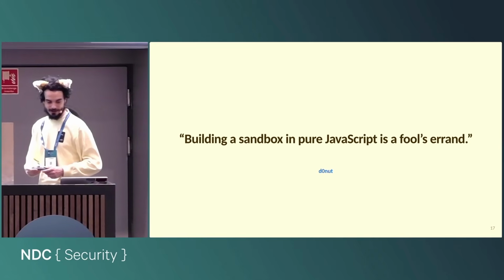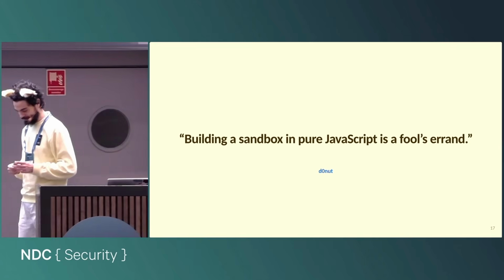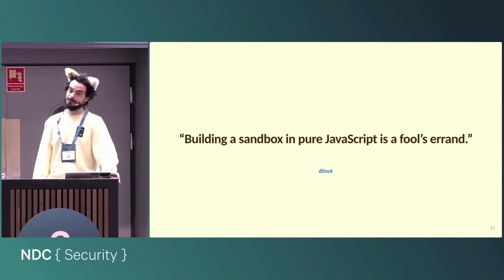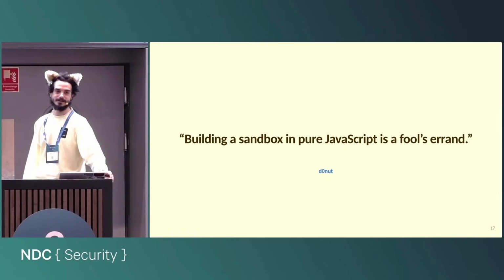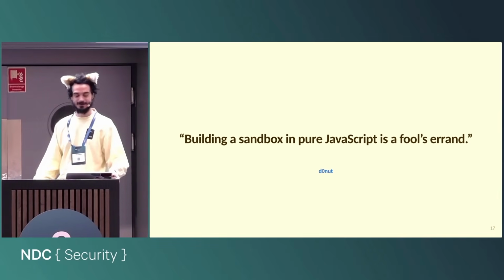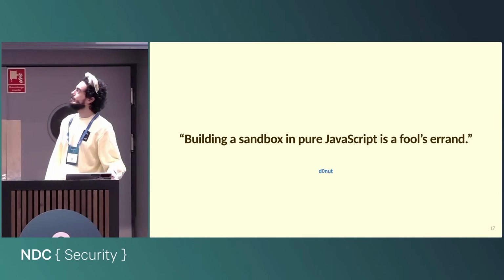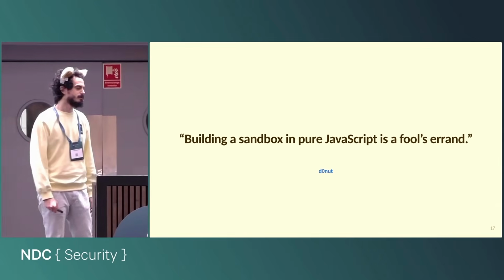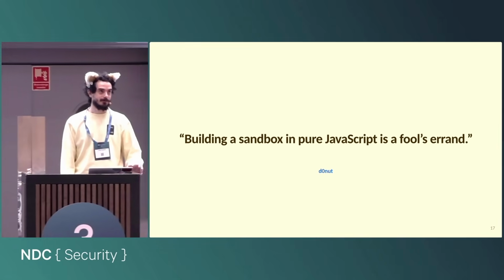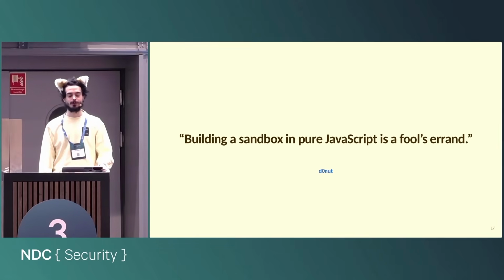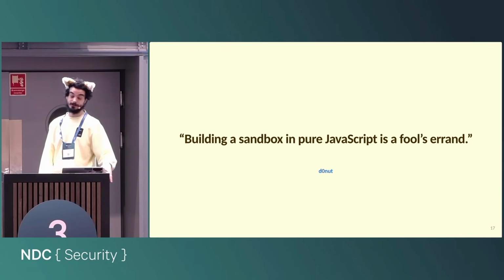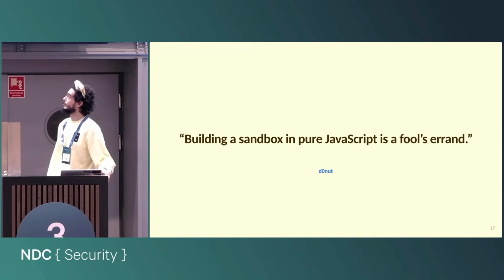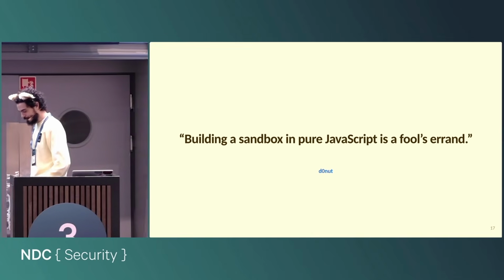This is a quote that I read on a blog post written by a Rust security researcher: you cannot build a sandbox in pure JavaScript because you can always find a way to bypass it. And in my opinion, it's true. I still need to find a JavaScript sandbox system that cannot be bypassed. This is because JavaScript allows you a lot of freedom, like a lot of programming languages, and it's difficult to map every function and block every function that you don't want to run.